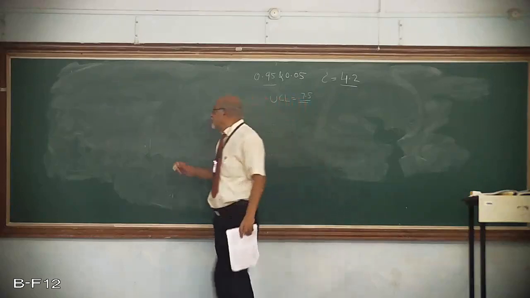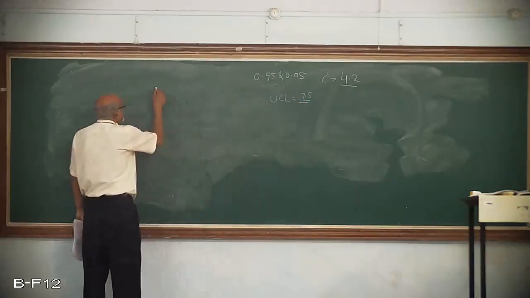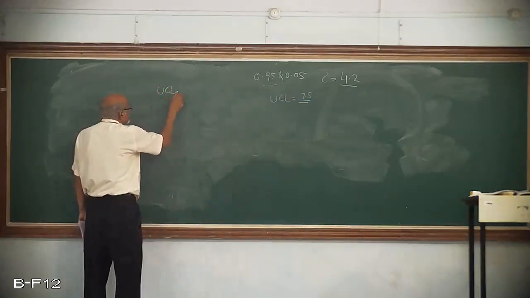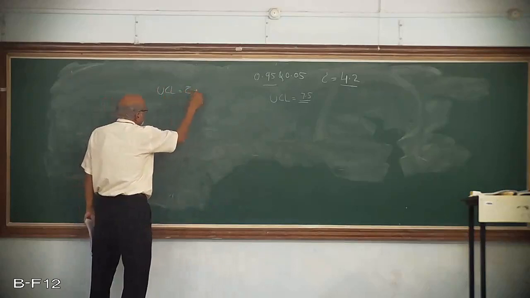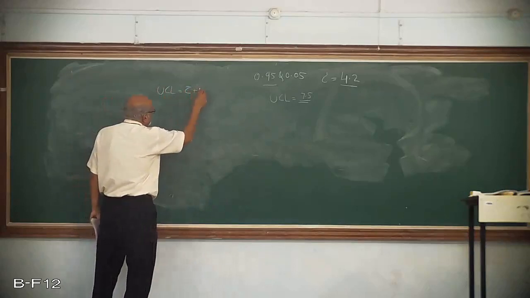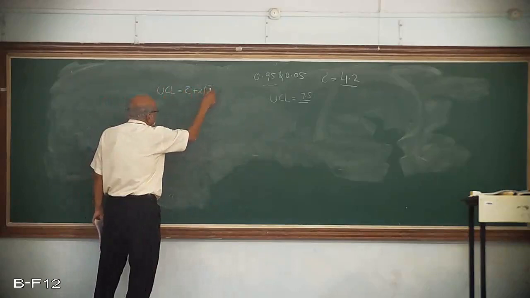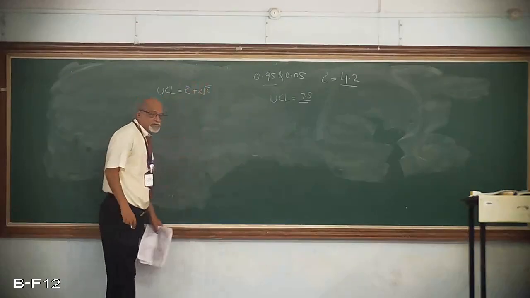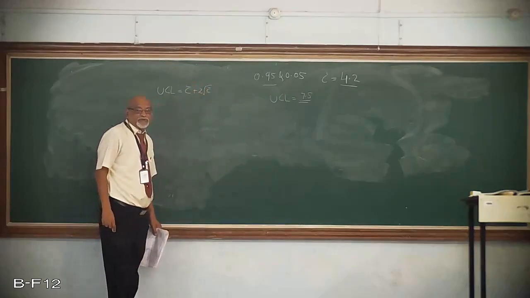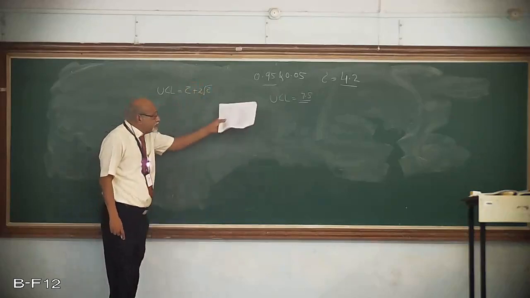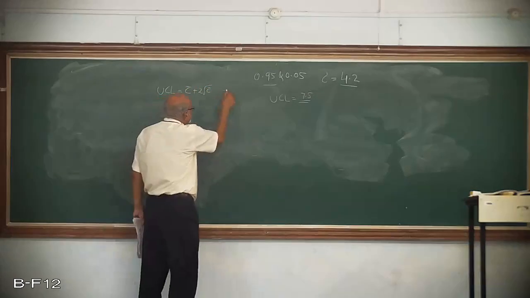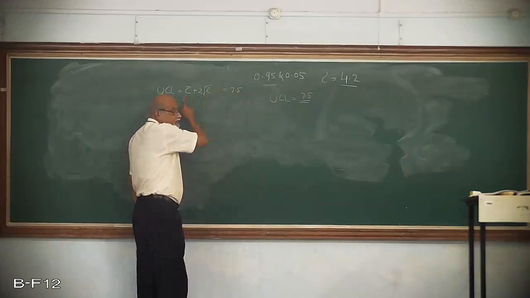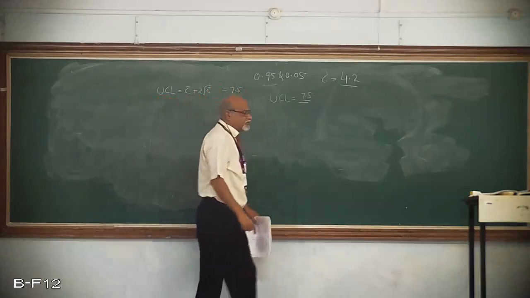If I had written the upper control limit for the C chart as C bar plus some Z value times root C bar, now the upper control limit itself we have found out to be 7.5. If C bar is known, then I can find out the Z value. They have not asked that.